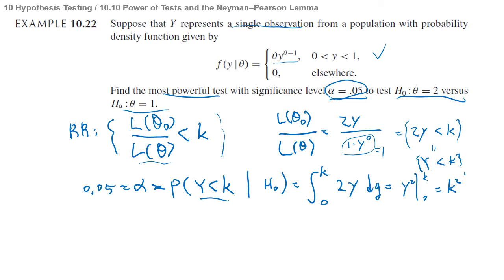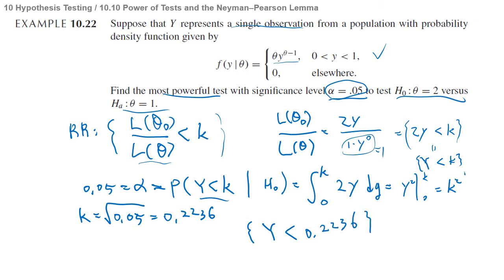So our k is the square root of 0.05, which is about 0.2236, and so our rejection region is y less than 0.2236. So this is our test and decision rule.